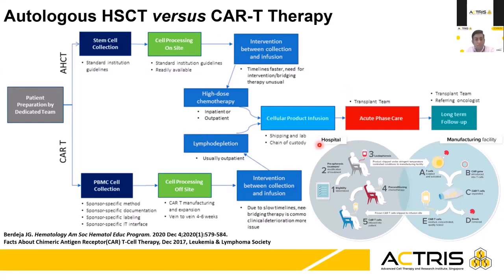Then, once the cell therapy products are ready, one thing to note is that for hematopoietic stem cell transplant, the products can be prepared within a day or two, whereas for CAR T cells, we do need a long manufacturing time at this point in time that can range from anything between 2 to 3 weeks.